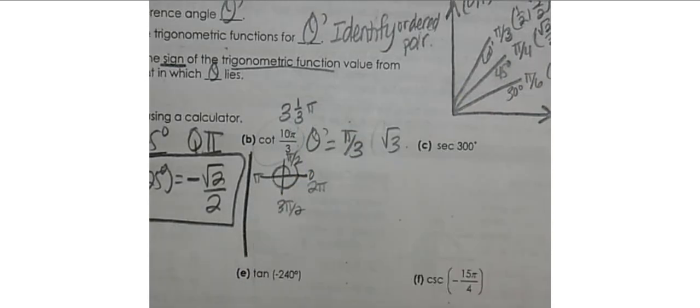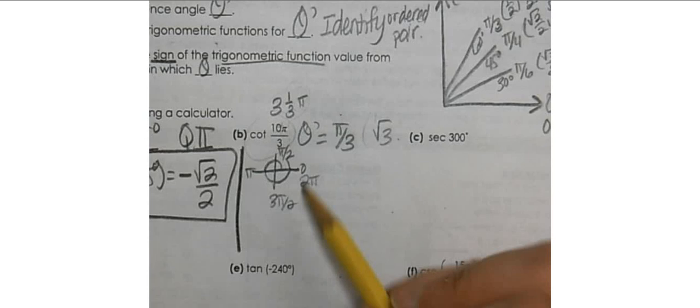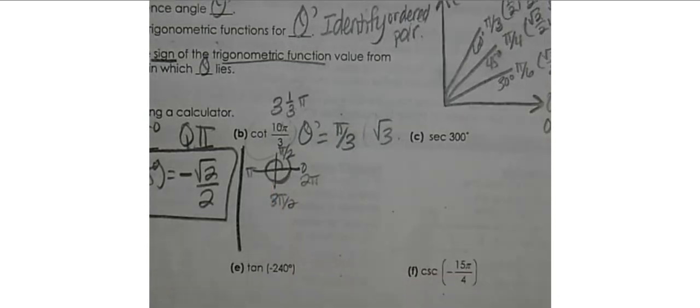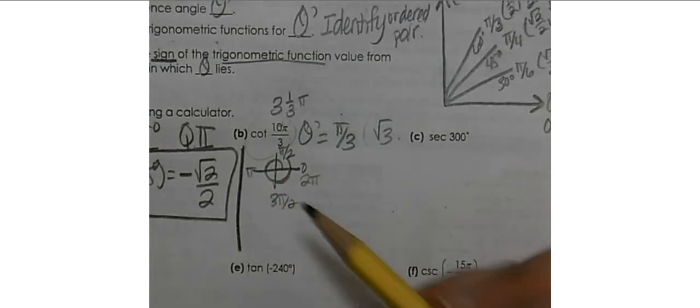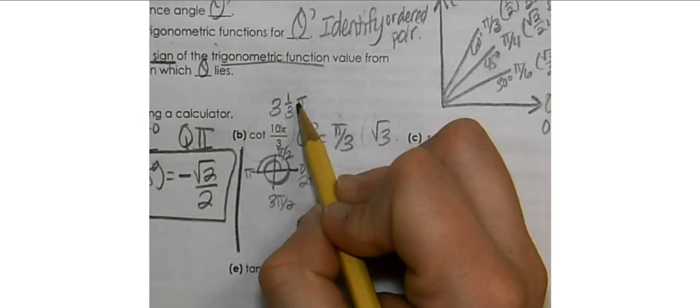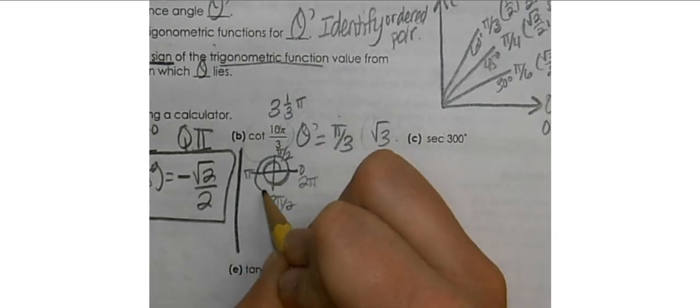I wrote it down as a whole number with a fraction. Here is 1 pi, here is 2 pi, here is 3 pi, and then I need to go a little bit more. A little bit more is going to be down here into quadrant number 3.